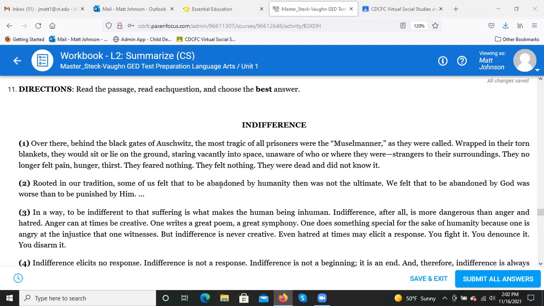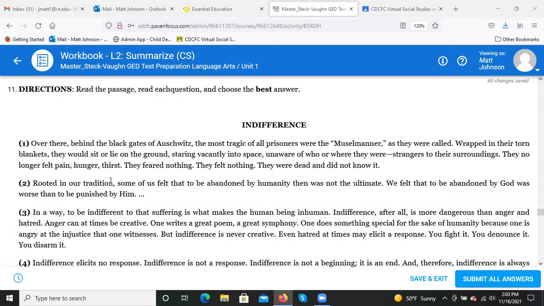Rooted in our tradition, some of us felt that to be abandoned by humanity then was not the ultimate. We felt that to be abandoned by God was worse than to be punished by him. In a way, to be indifferent to that suffering is what makes the human being inhuman. Indifference, after all, is more dangerous than anger and hatred. Anger can at times be creative. One writes a great poem, a great symphony.